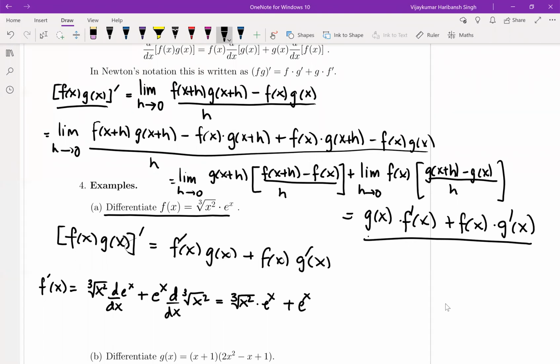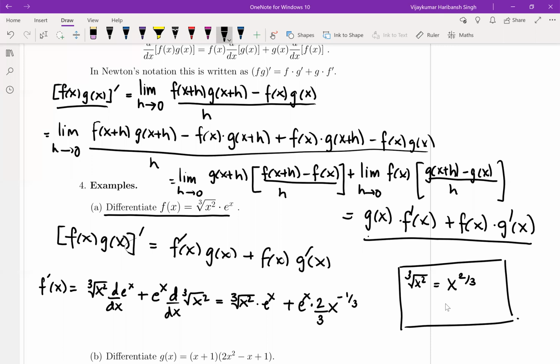Note that here, the cube root of x squared is the same as x to the power 2 over 3, right? So we get, using the power rule, 2/3 times x to the power 2/3 minus 1, which is minus 1/3. So this is your derivative.